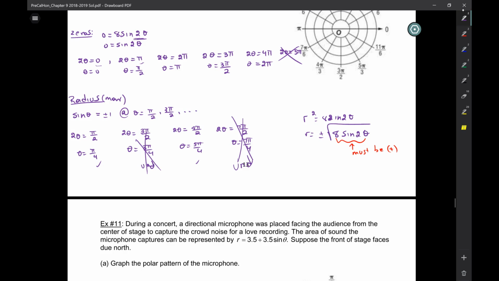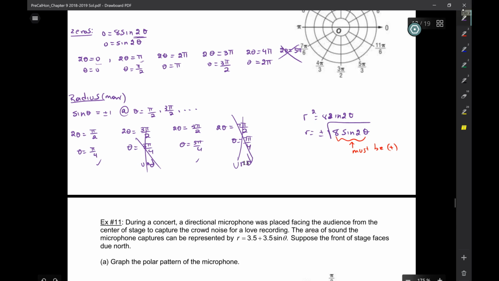So which ones work then? At theta equals pi over 4 and at theta equals 5 pi over 4. So, r and theta. At theta equals pi over 4, when I put pi over 4 into here, let's see what we get.